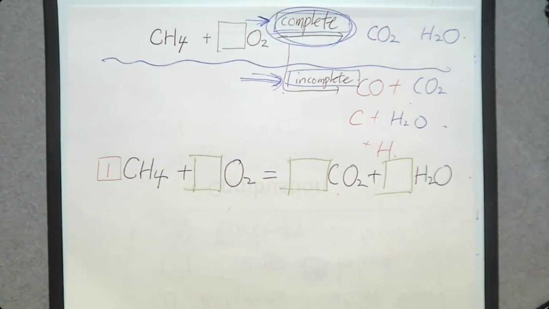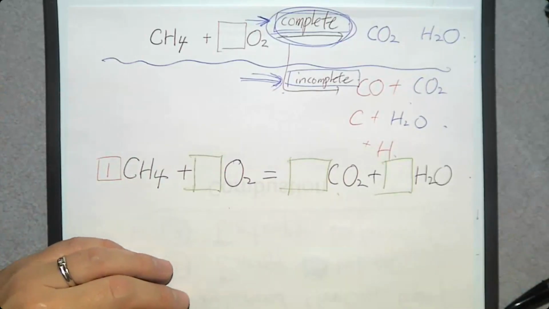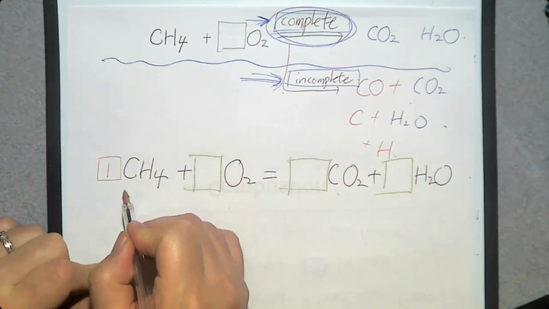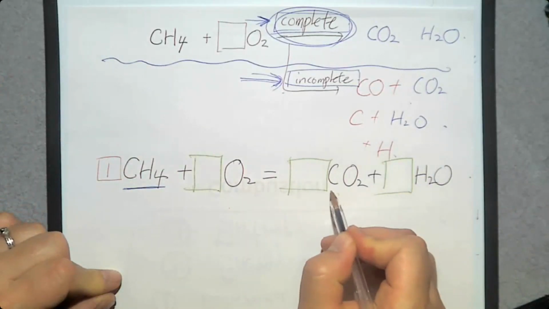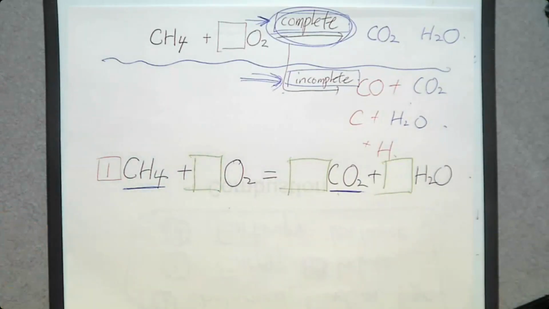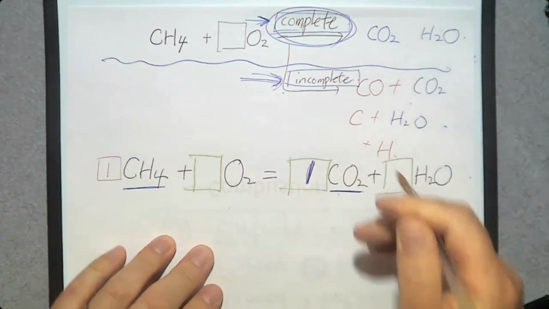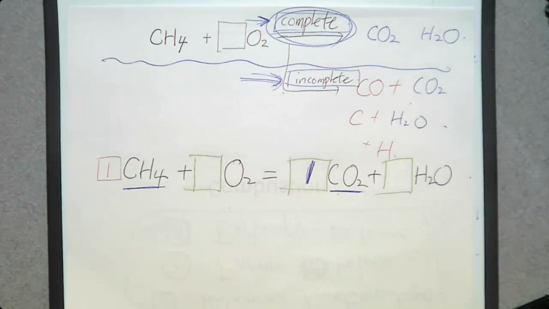Then it's simple mathematics. Let's talk about the carbon first. There's a carbon in this methane, and a carbon in this carbon dioxide. There's no other carbon in this equation. So 1 carbon can make 1 carbon dioxide. That's how you determine the number of moles of each component. And what about hydrogen?